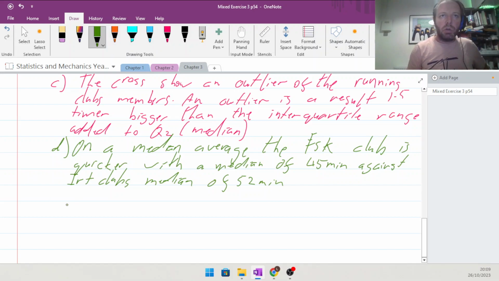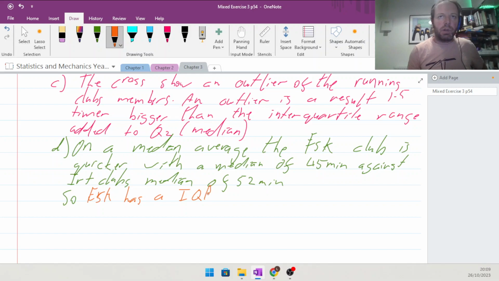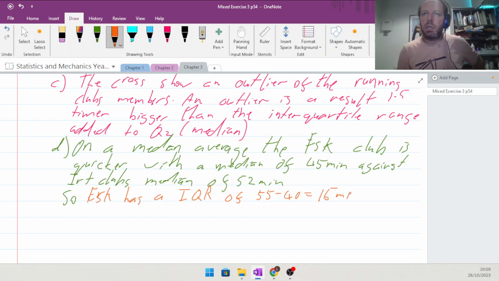Esk has an interquartile range of, what was it, 55 take away 40, which is 15 minutes.